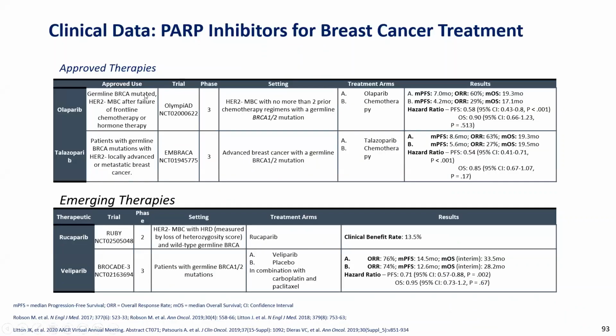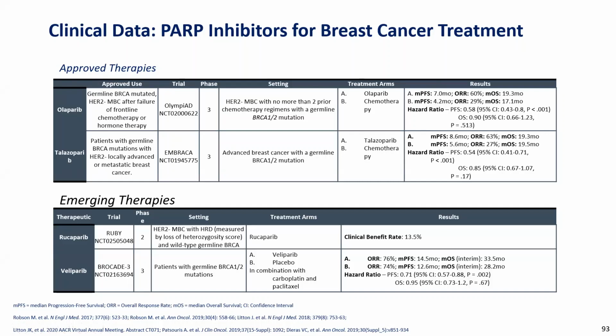And we have two studies, one's called Olympiad and one's called Embraca, that led to the approval of two PARP inhibitors, olaparib or Lynparza and talazoparib or Talenza. And both studies showed that if you take this pill, a PARP inhibitor, and you have a germline BRCA mutation, you got one from mom or dad, then your progression-free survival is about 3 months better than using chemo alone.